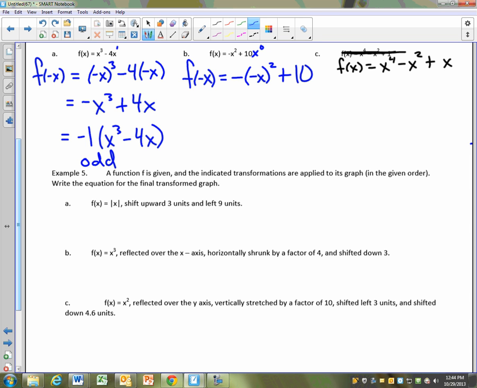Because you have nowhere to plug the negative x in on the 10, do you? If we plug in the negative x to the x to the 0, the negative x to the 0 is just 1. So there's nowhere we can plug in the x. Yes? Okay. So, very good. If you do negative x squared and make it negative, you get negative x squared plus 10. Is that the same as what you started with? Yes. So therefore it is even.